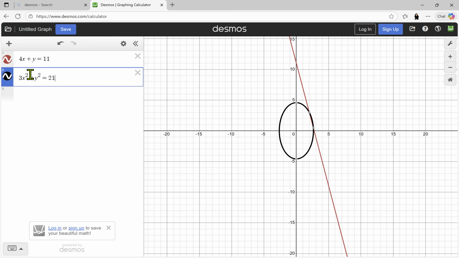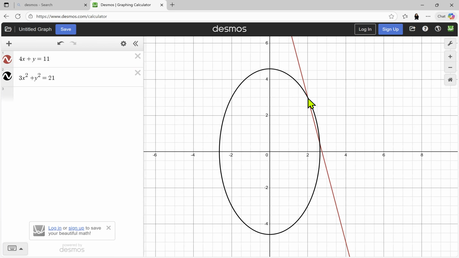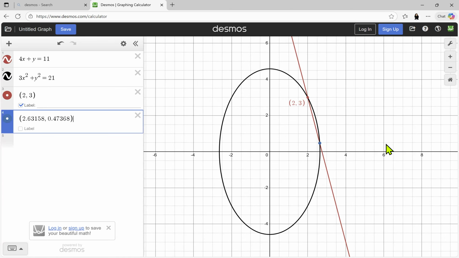All right. So the two solutions that we got when we worked it out, one was 2, 3, if you'll remember, right? So look, that's one solution here. It's 2, 3, right? And then the other one was something with 2 point something, 2.63158 and 0.47. So this is the 50 over 19 and 9 over 19, right?